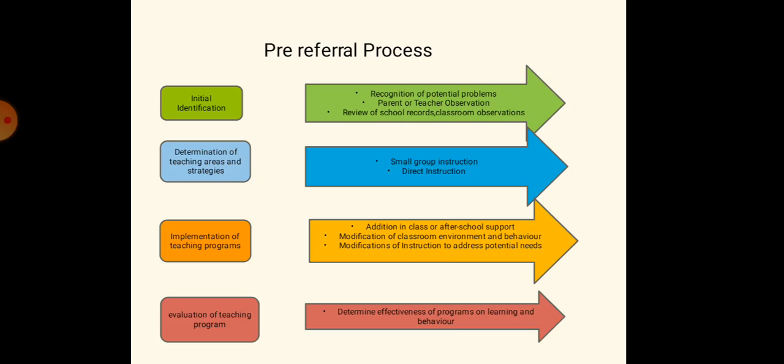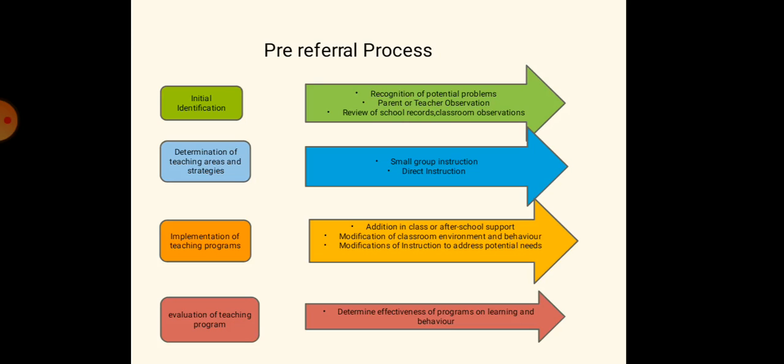Implementation and monitoring are often the responsibility of the classroom teacher, though others on the team may serve as support. At this stage, data is collected and will be used to help the team determine the effectiveness of the intervention. Lastly, we have the last stage, the evaluation of teaching program.